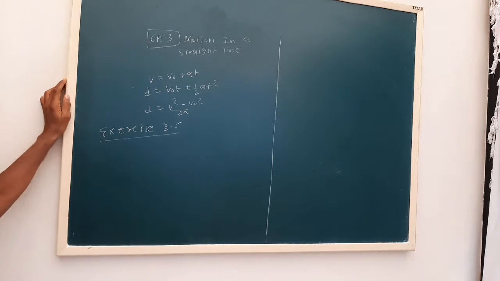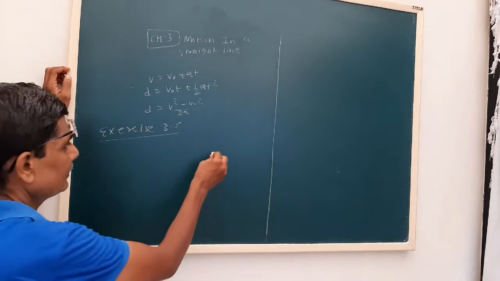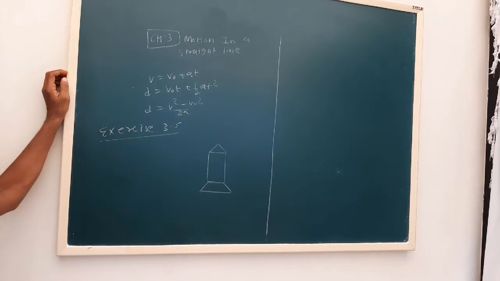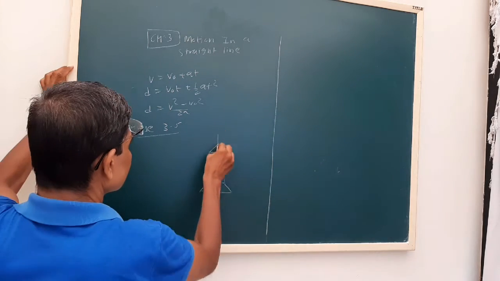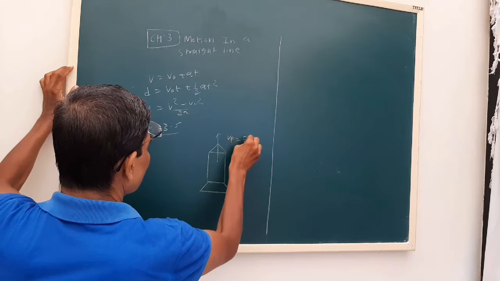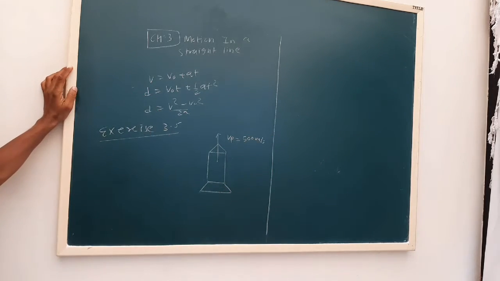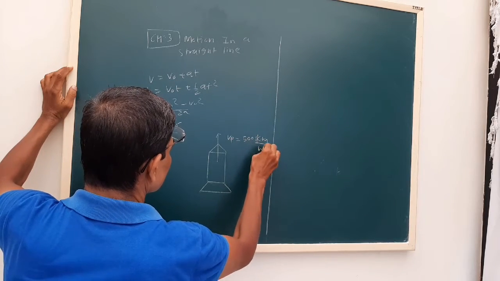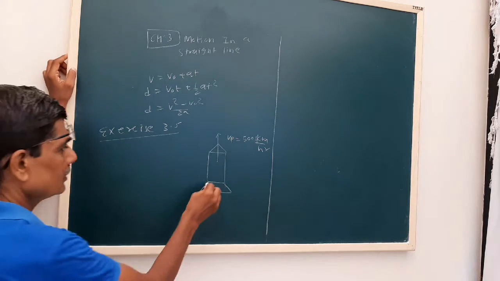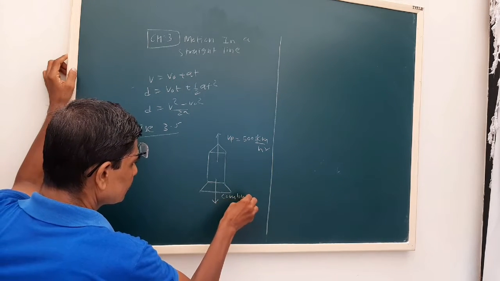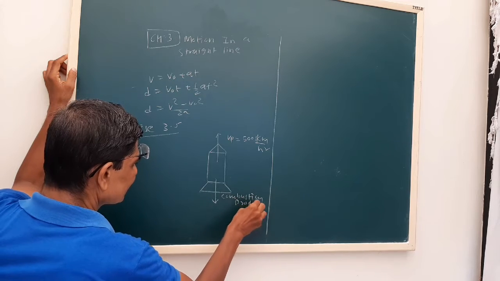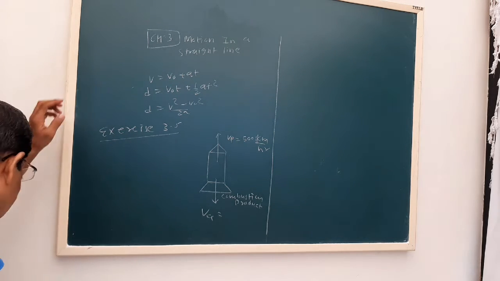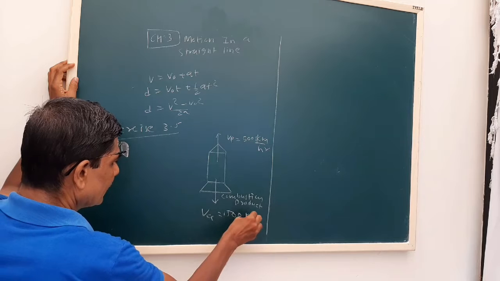Now see, the question says, a jet plane is traveling with a speed of 500 kilometer per hour, and ejects the combustion product, that is in the form of gas, at 1500 kilometer per hour relative to the jet plane.